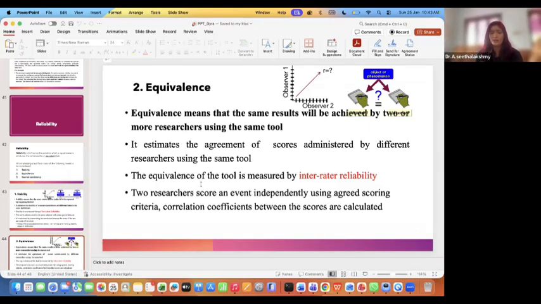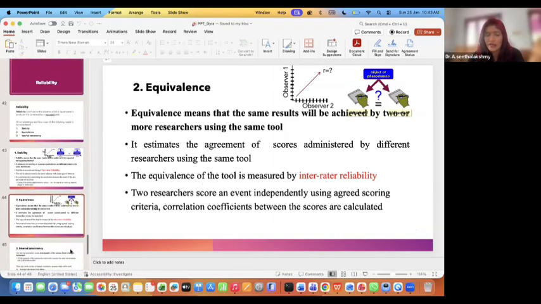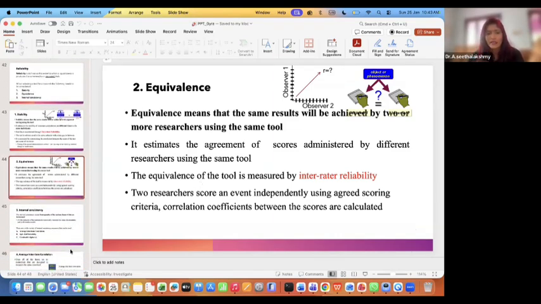If you correlate both, and you are getting a correlation, good. That means your tool is well and good in measuring things. That is equivalence. Equivalence means the same results will be achieved by two or more researchers using the same tool.